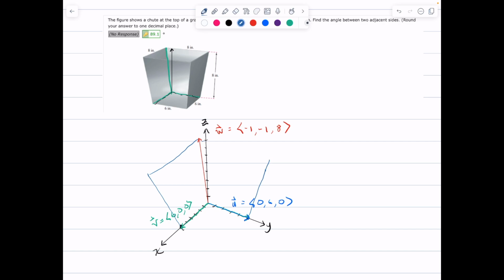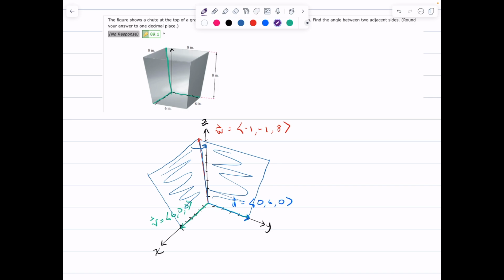And of course, my scale, I'm sure, is off. And then we'll be finding this angle between these two planes right here, using these vectors. Cool? All right, so let's work it out. We've got these vectors.